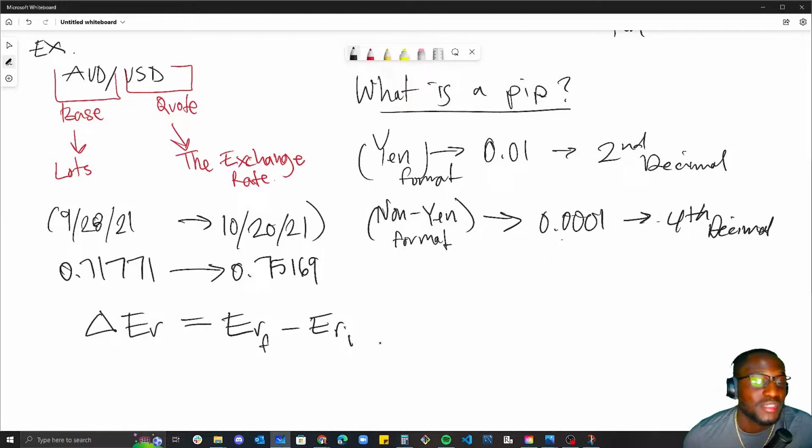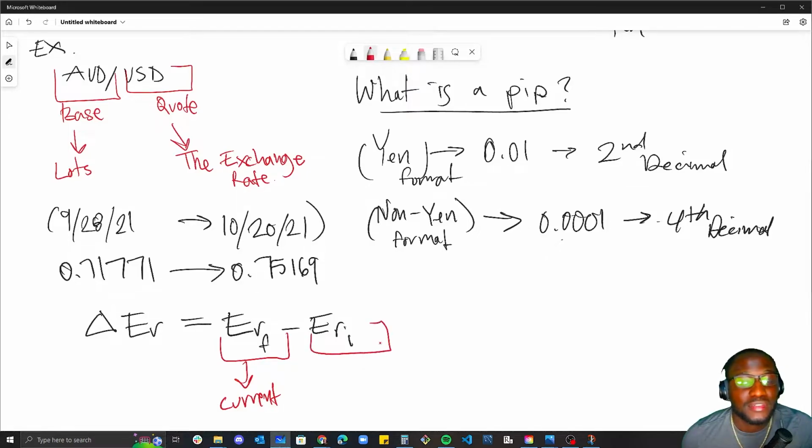The final means the end date, which is the most recent date, or the current date, and the initial date is the past date. So this would be the past, and this would be the current.